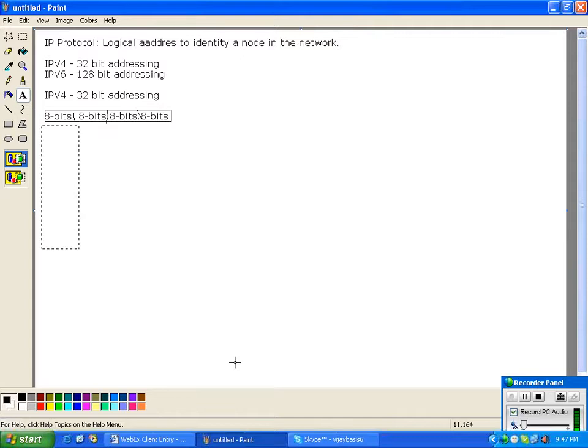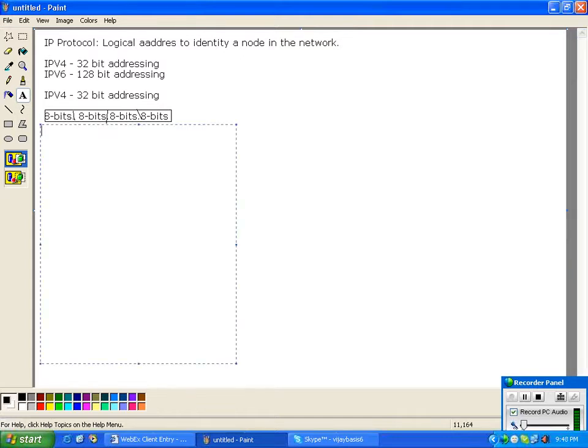So, what is the maximum and minimum number I can store in 8 bits? Eight bits contain zeros and ones. This is a binary number. An all-zeros binary number is 0 as a decimal number.